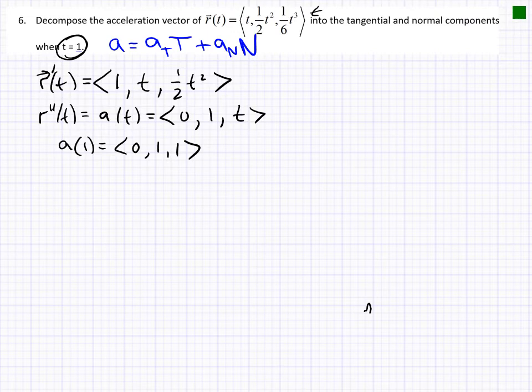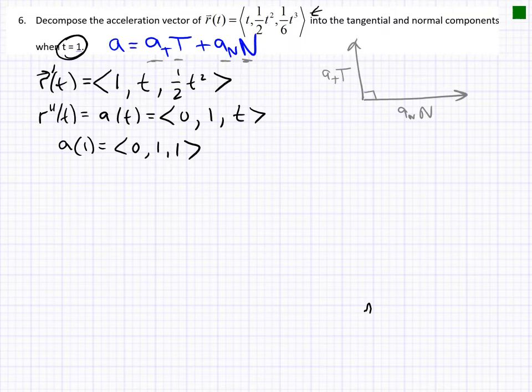So in order to do that, we have these four components that we need to find, a sub t, T, a sub n, and N. And essentially the idea is we have this vector here, which is this a sub t, T vector. We have this other vector here, which is a sub n, N. They're orthogonal to one another always.